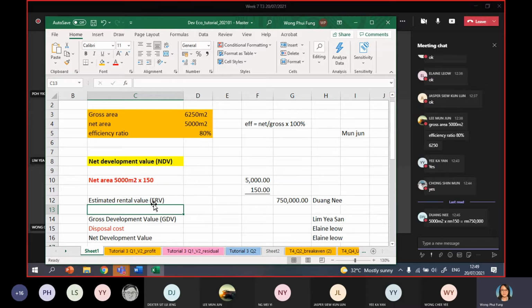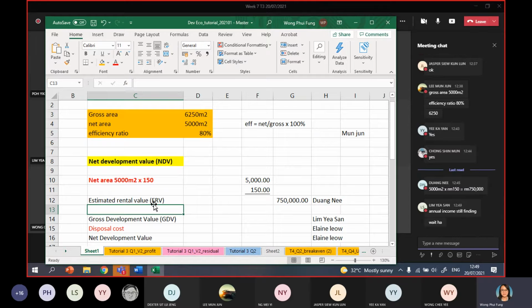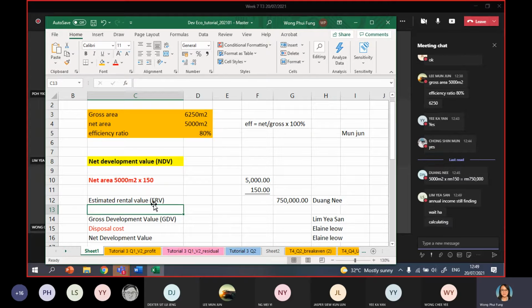Can you give me some response now? Are you calculating or do you have a problem? Annual income, okay, it's good. So just get the YP in perpetuity. Here you should have YP in perpetuity to get the income forever.